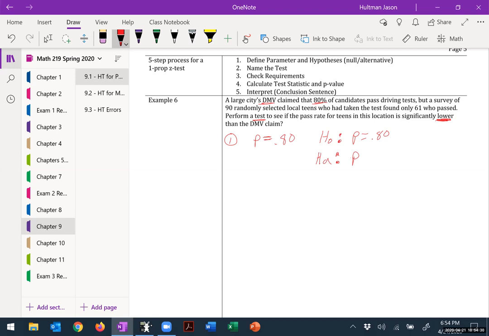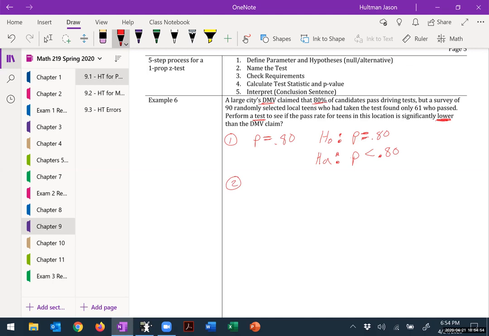So that implies that we're going to use a less than symbol. P is less than 80%. We don't need to put the greater than. We're just testing against the equal sign. That's step 1. Step 1 is done.